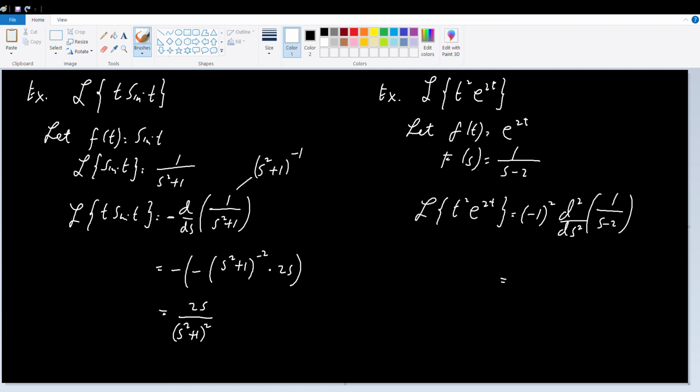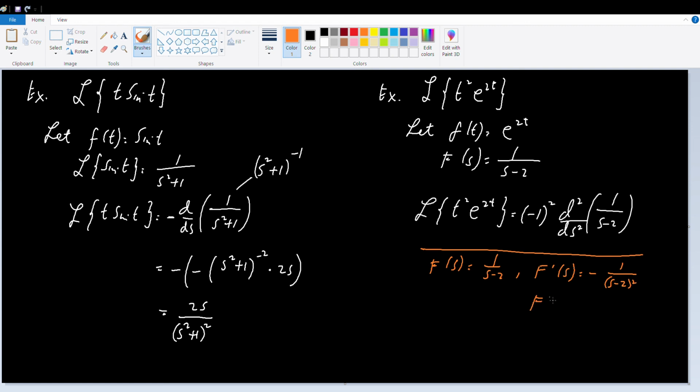Okay, so let us solve that separately. Your f of s is 1 over s minus 2. So let us get the first derivative. Use the power formula. That will be negative 1 over s minus 2 squared.